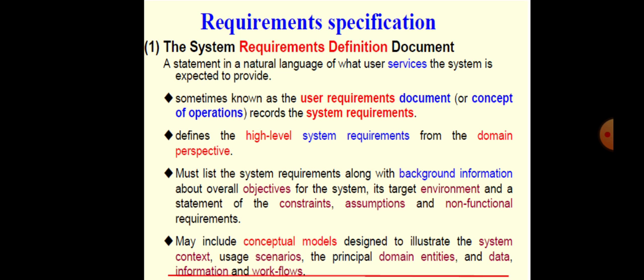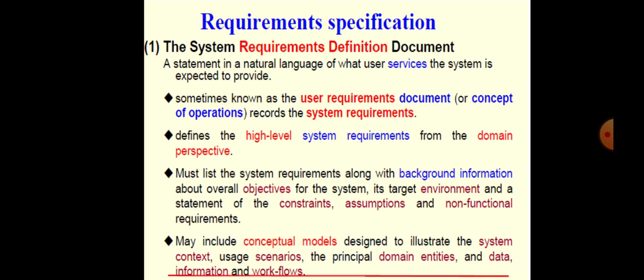The system requirements definition document. A statement in natural language of what user services the system is expected to provide. Sometimes known as the user requirements document or concept of operations, it records the system requirements. Define the high-level system requirements from the domain perspective.